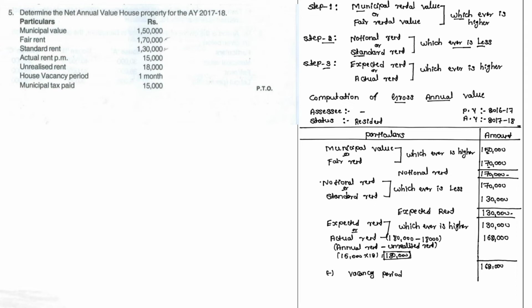So per month rent is 15,000, that we have to deduct. So 15,000. So you'll get 1,47,000, which is your gross annual value.